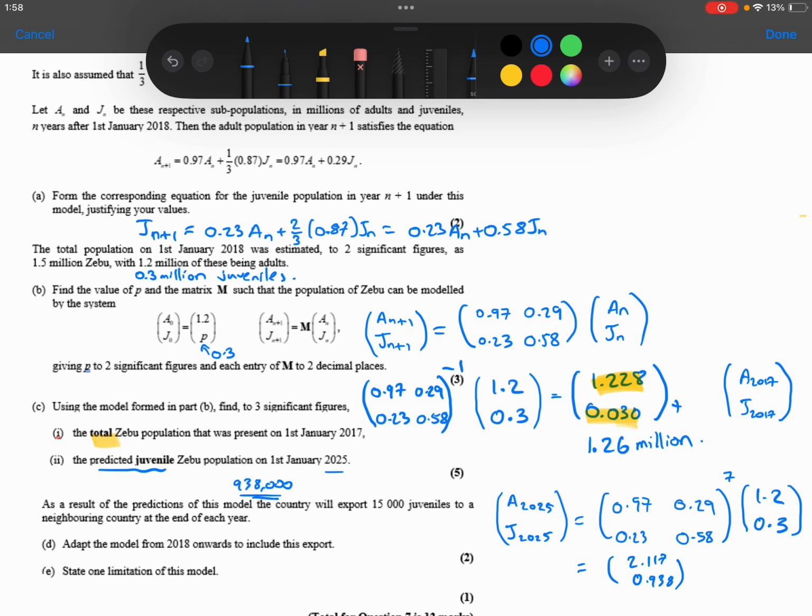Then finally, as a result of the predictions of this model, the country will export 15,000 juveniles to a neighbouring country at the end of each year. We need to adapt our model accordingly. So remember, let me just rewrite my model down.